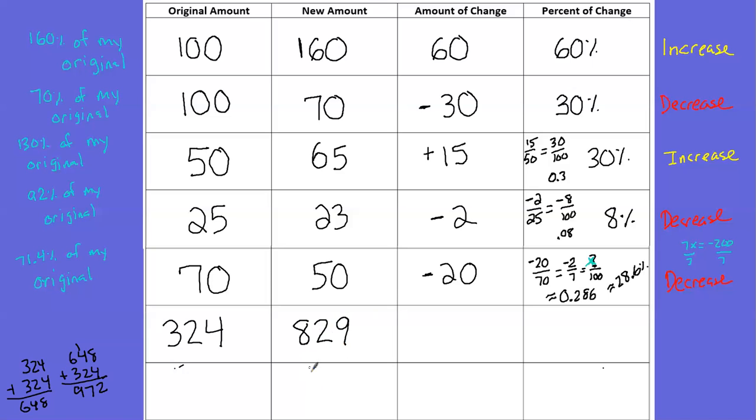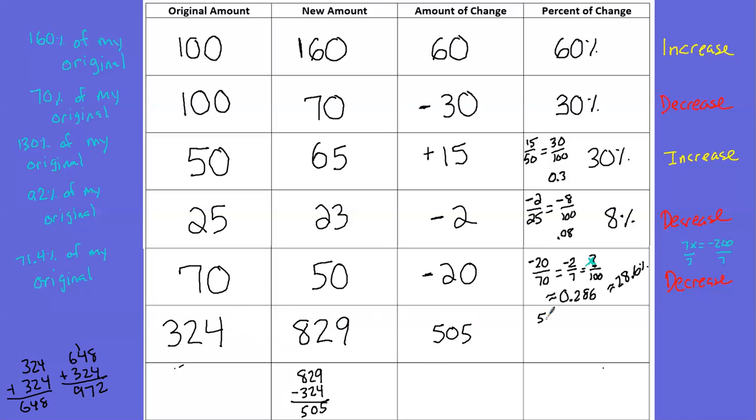So what's my amount of change? How much did I go up? 324 plus what number would give me 829? Well, if I subtract these two, I'll know what that is. So 9 minus 4 is 5, 2 minus 2 is 0. So my increase was 505.